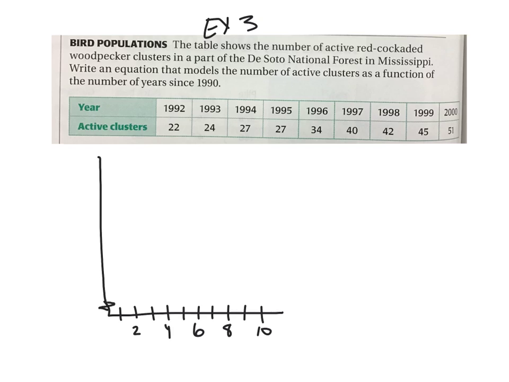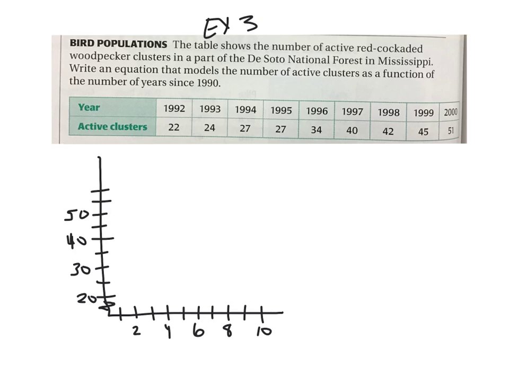If you do a little squiggle like this, it's a little break, and then you can start at 20 instead of doing 0 to 20, which is useless for this. All right, so now let's graph this stuff.